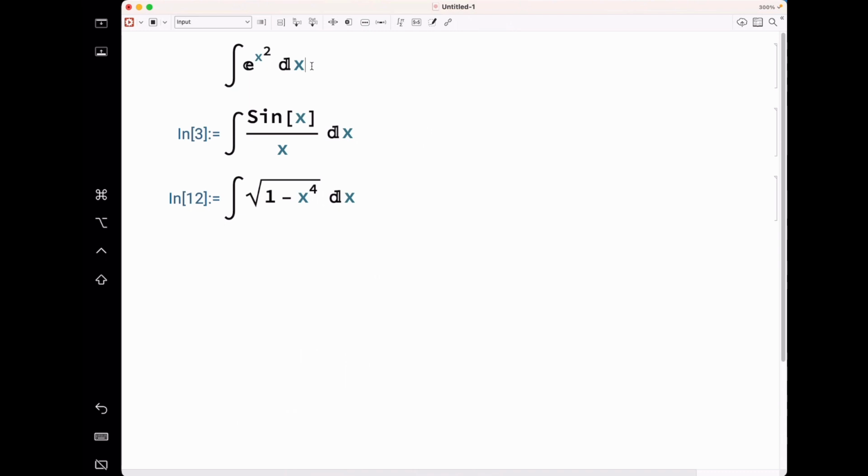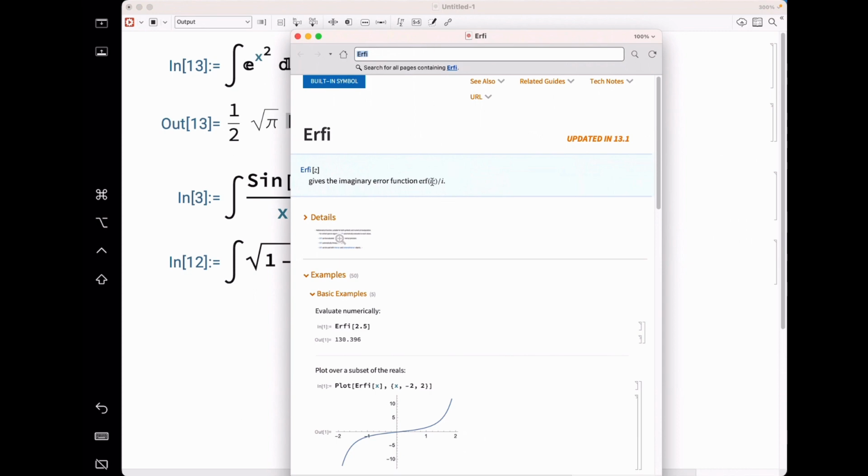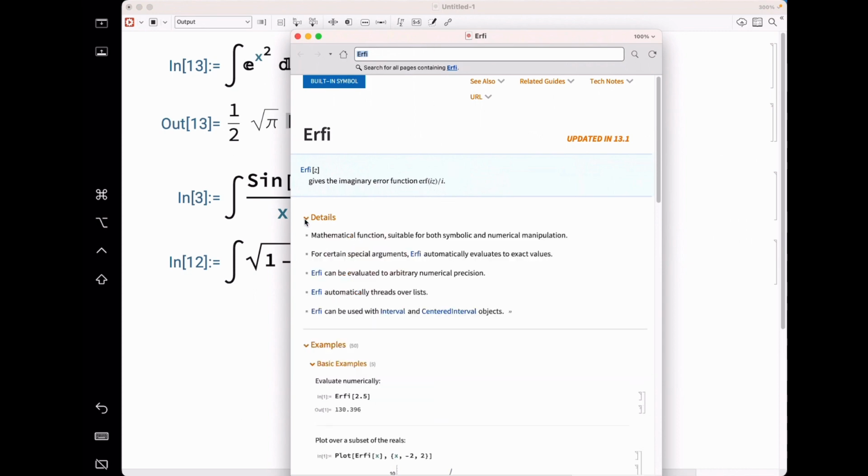Let's see what Mathematica gives us for the integral of e to the x squared. We have 1 over 2 square root of pi, and then this ERFI. All right, let's ask Mathematica what this ERFI is. ERFI is the imaginary error function, whatever that is.